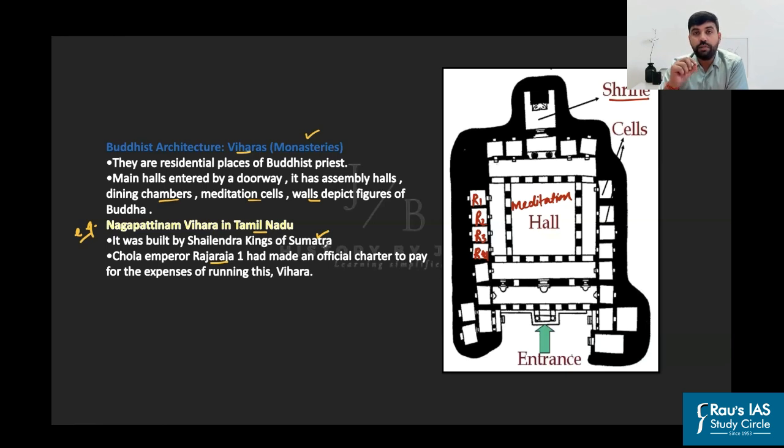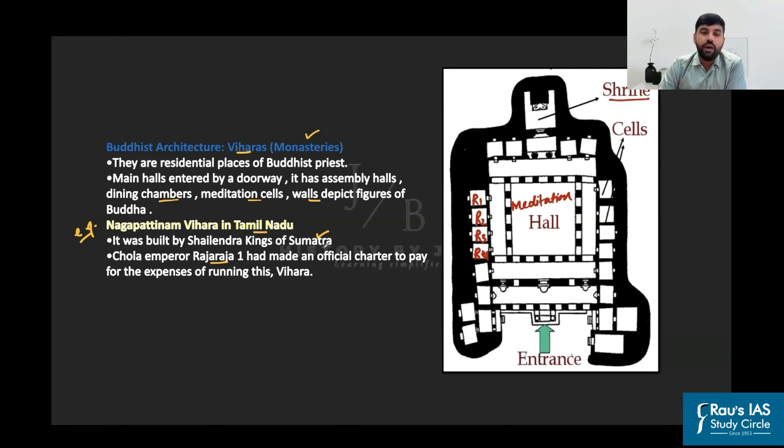And when we talk about Imperial Chola, we basically mean that they had connections from Southeast Asia. This also shows that Hinduism at this point of time reached Southeast Asia, and Buddhism from there came to India. Otherwise, the influence of Buddhism in South India is a very, very rare thing.